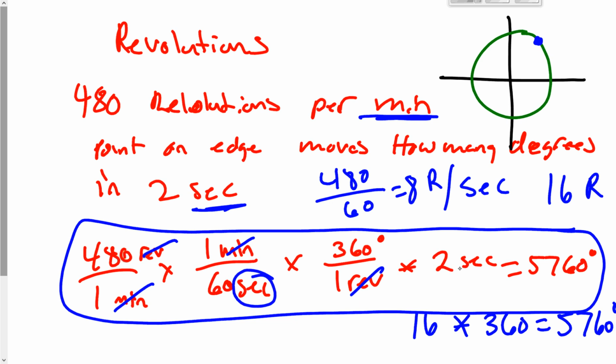Then we times that by the 2 seconds we're traveling, the seconds cancel out, and we're left with degrees. So 5,760. Let's go ahead and do some homework problems.